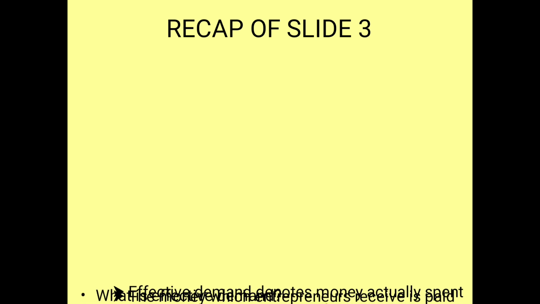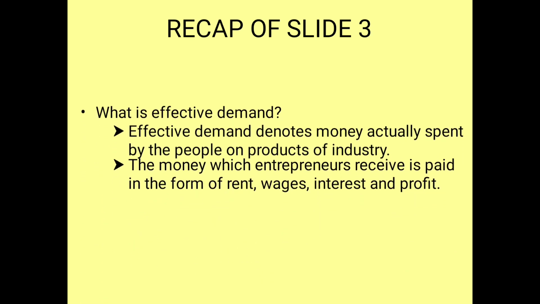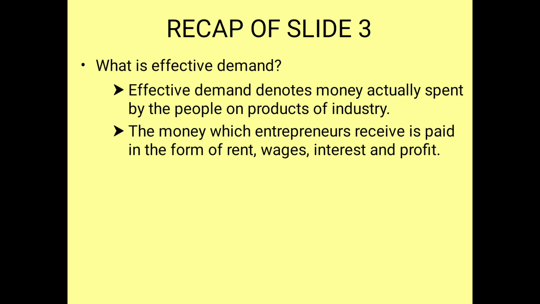Just before we enter, a recap. What is effective demand? Effective demand denotes money actually spent by the people on products of industry. The consumers are spending money to get the products from the industry.